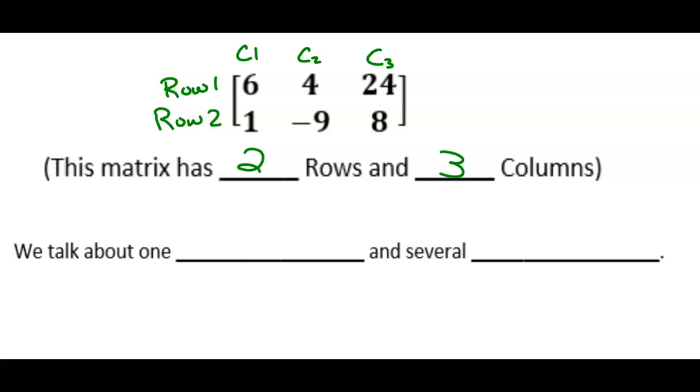When we talk about more than one matrix, we're talking about matrices. So a matrix is a single one. But when we're talking about more than one, we're calling them matrices. It's important that you know what the words mean, especially if you're reading something, right?